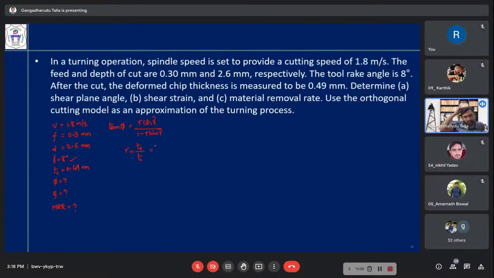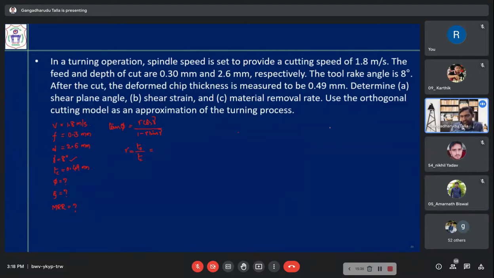Now we have TC directly. Do we have TO to find r? No, sir, we don't. Yeah, it is not directly given, but it is indirectly given. So the depth of cut, sir. No, it is feed.